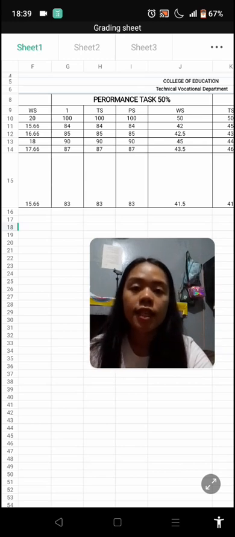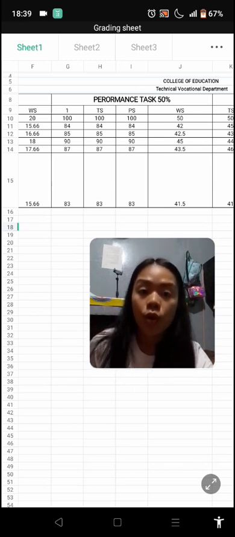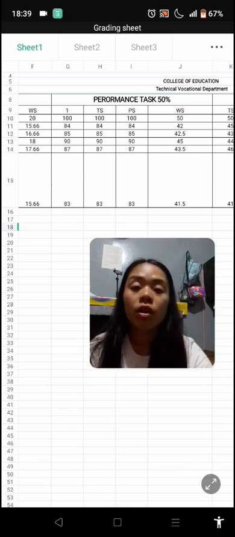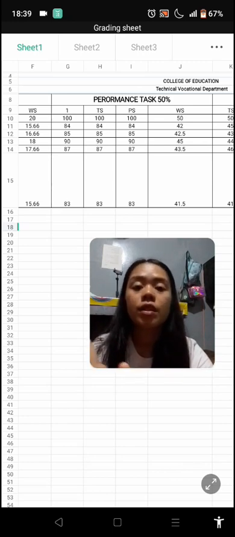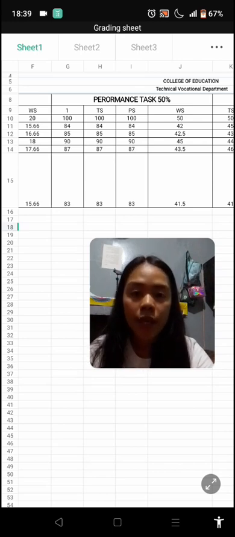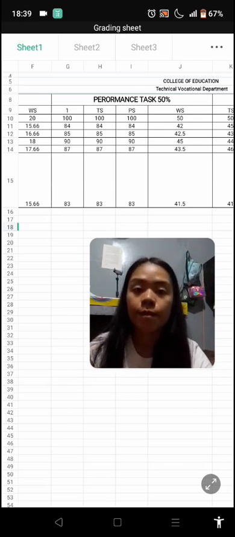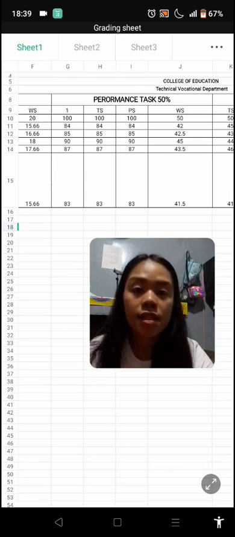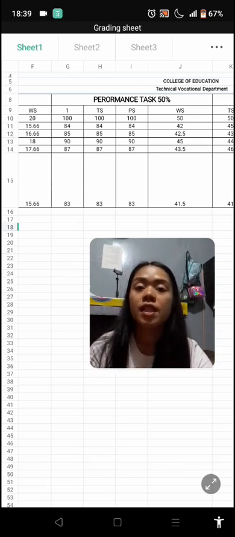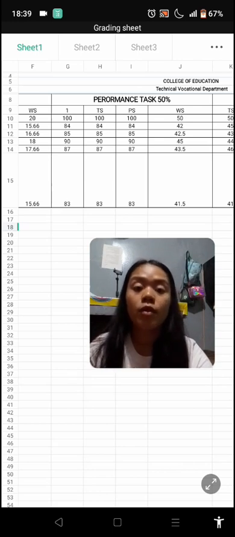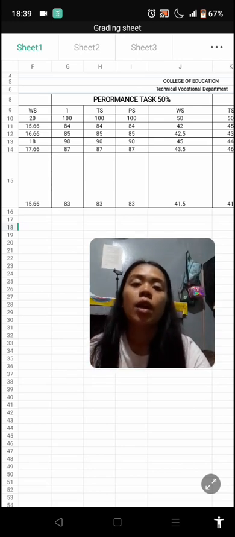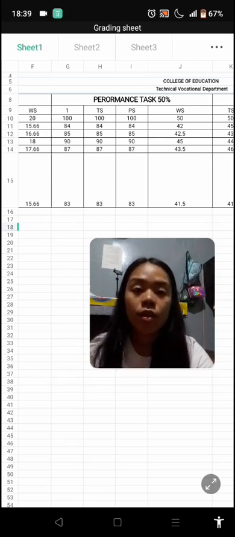Because we have only one assessment for the performance task, with 100 as the total score, all their scores will be the same for the total score. The percentage is also the same, because we have only one assessment. So let's go to the WS, or weighted score.